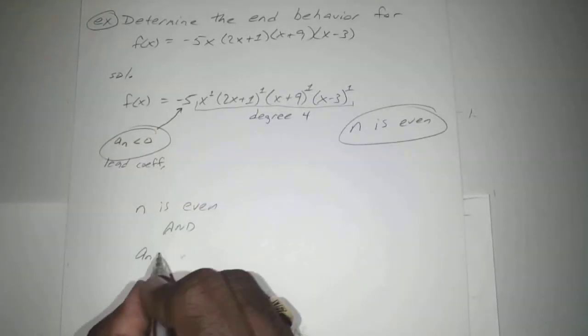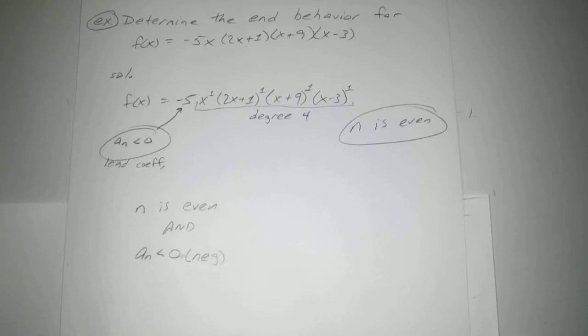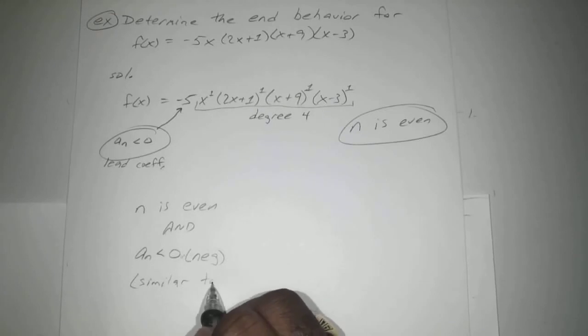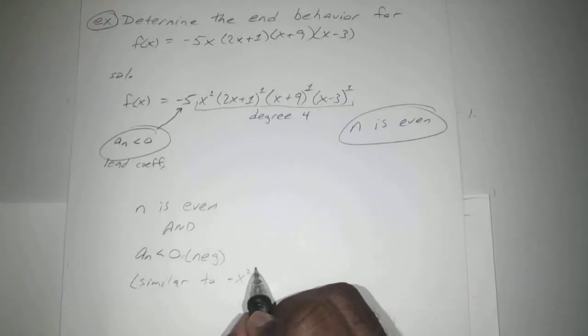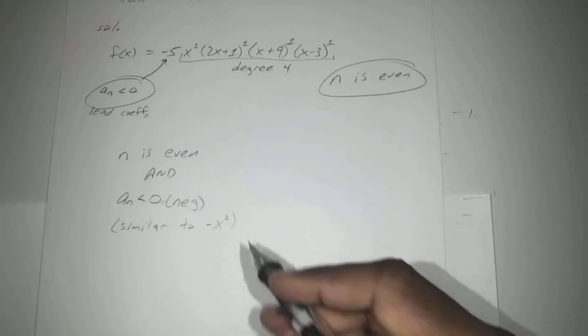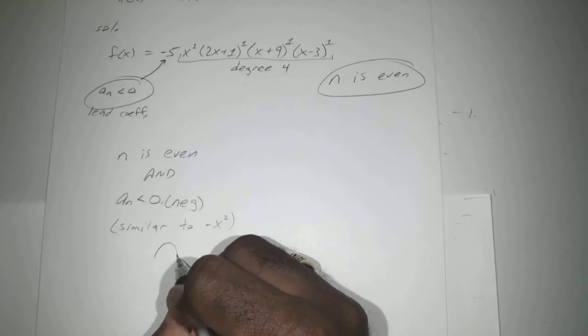The lead coefficient is less than 0, which is negative. Okay, so it's really similar to negative x squared. So it goes down? Yep, it goes down both ways. If you remember, negative x squared just looks, I'll put it underneath it, kind of like that.